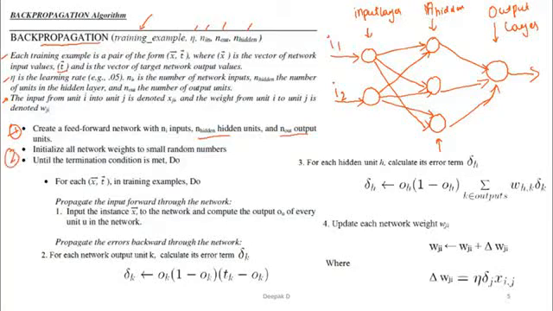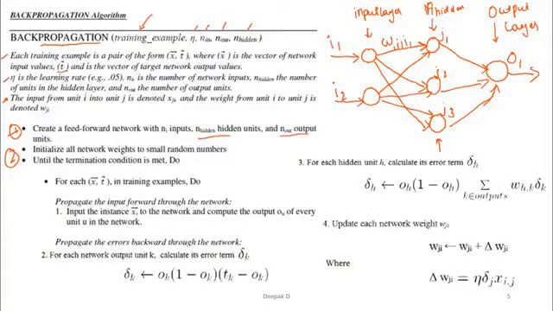Next step is to initialize all network weights to small random numbers. Here, for every connection, that is from I1 to J1, J2 and J3, which are the hidden layer nodes, and O1, which is the output node, weights are initialized. For the connection from I1 to J1, that is W J1 I1.